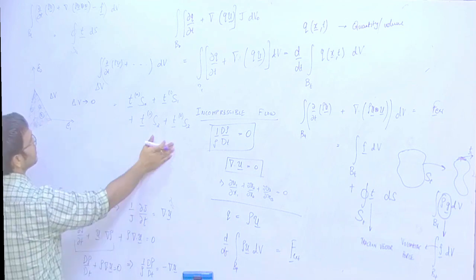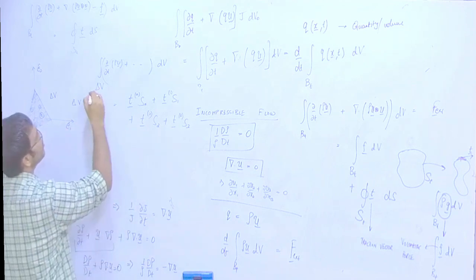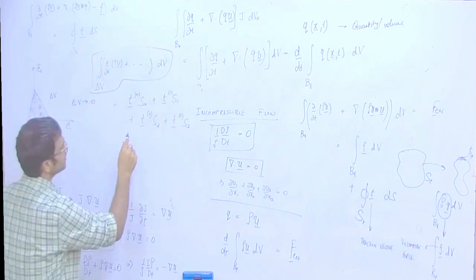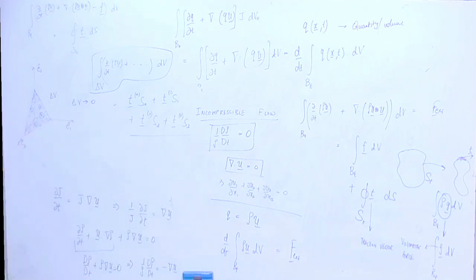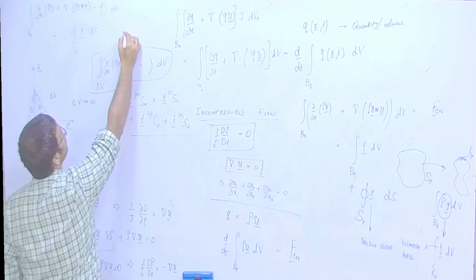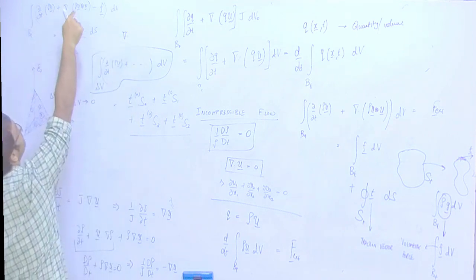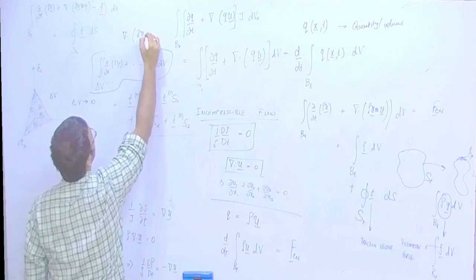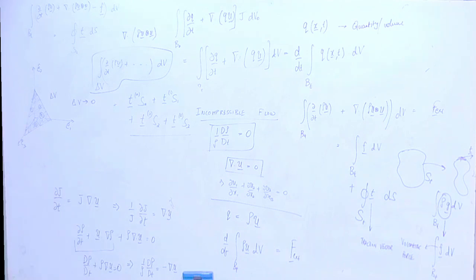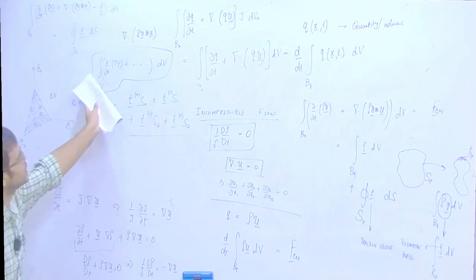In the limit delta V going to 0, this integration is going to be 0, but I cannot necessarily say that the right hand side is 0. First of all, when is this integration going to be 0? If you remember, there is a spatial derivative inside, so you have to be careful. You have to notice that this spatial derivative should not blow up, should not tend to infinity anywhere.